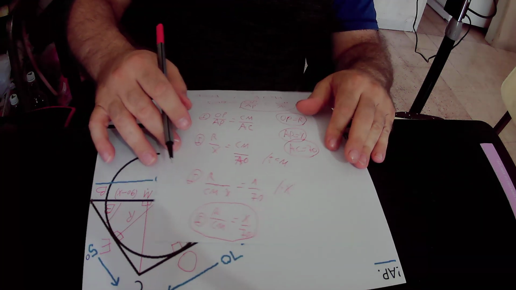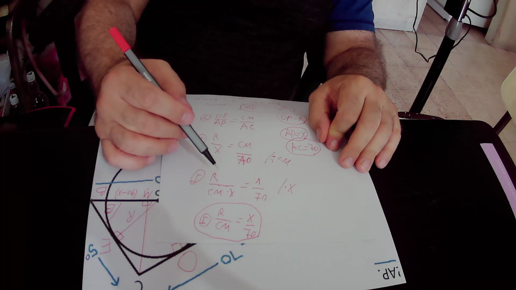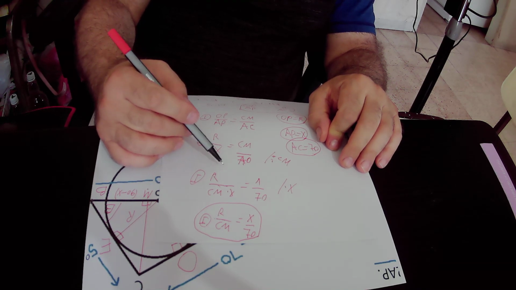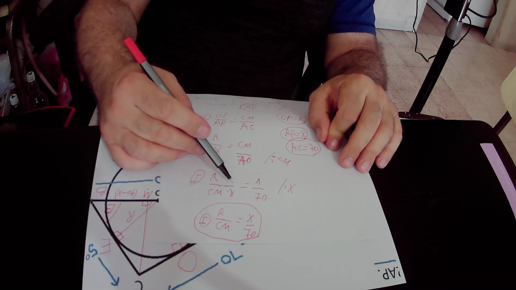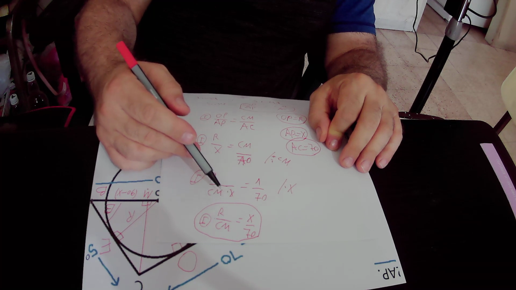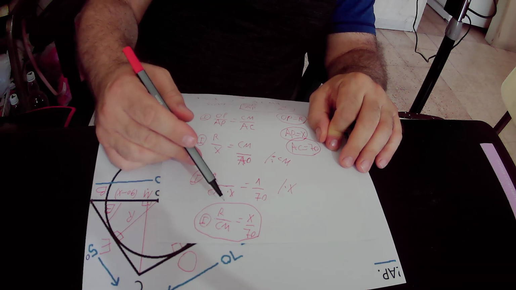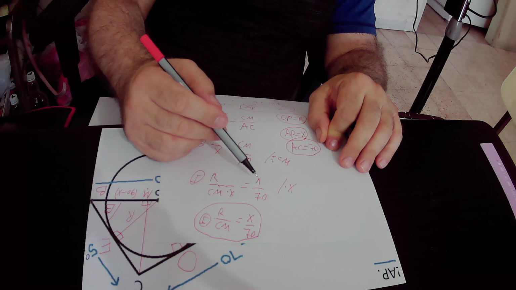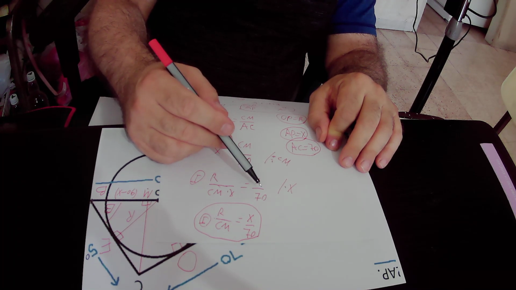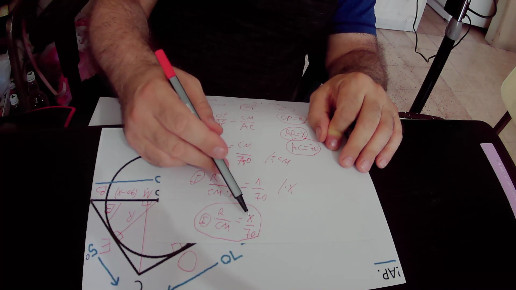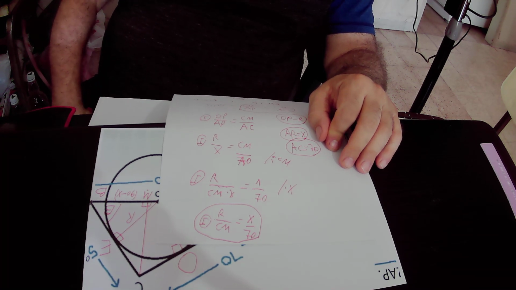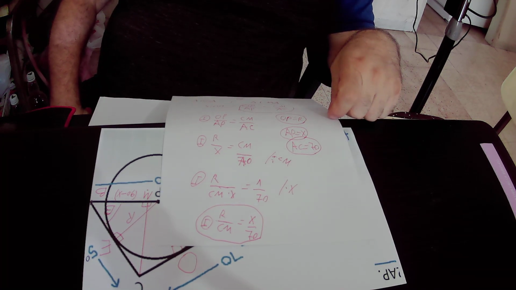Here we have R times X divided by X. So X divided by X equals 1. X is cancelled, so we are left only with R over CM equals X times 1 over 70 equals X over 70. So this is our first equation, R over CM equals X over 70.